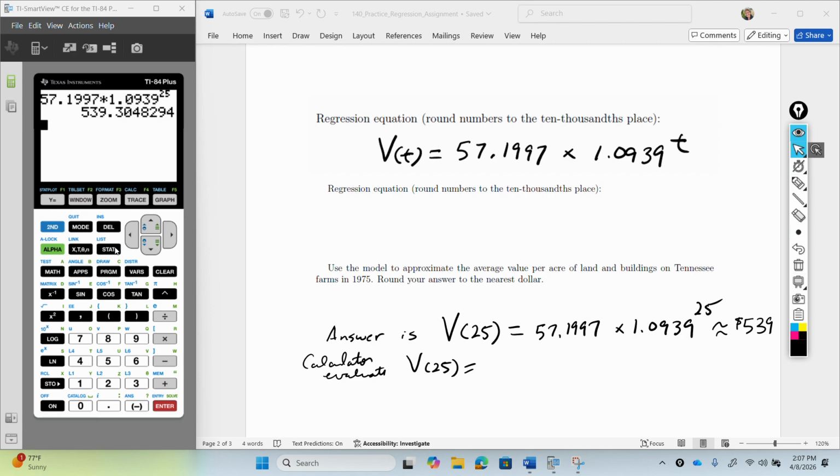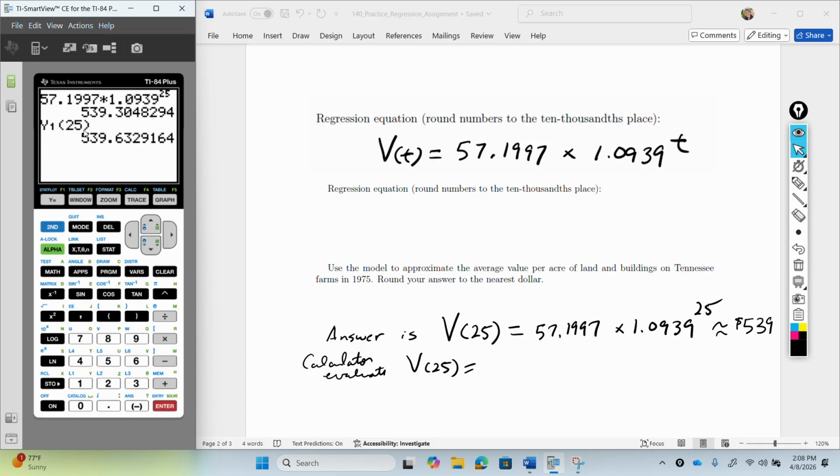I press vars, go over to Y-vars, press enter, and enter again, because this is where I stored the equation. Instead of a V, it's showing Y1, and I need to evaluate Y1 at 25, so I type in parentheses, 25.